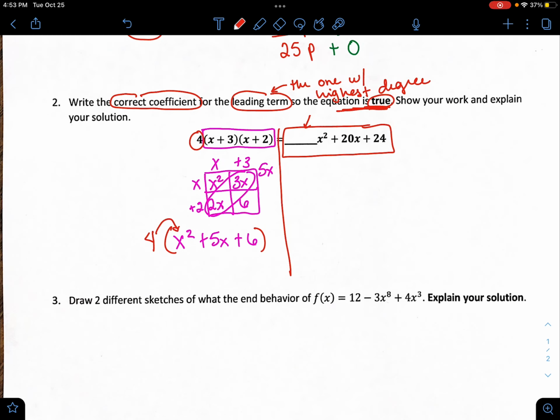And then you distribute to each one of these, and you should get 4x squared plus 20x plus 24. To check your answer, make sure these numbers are the same as this number. So what's missing now is 4. So that would be your answer. That's how you would show your work.